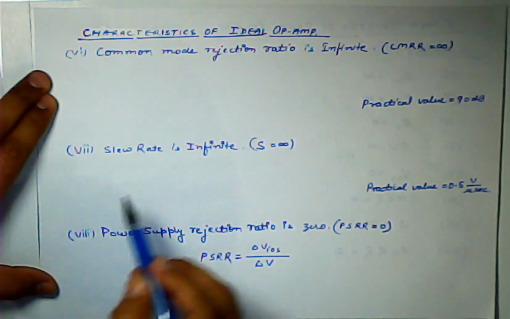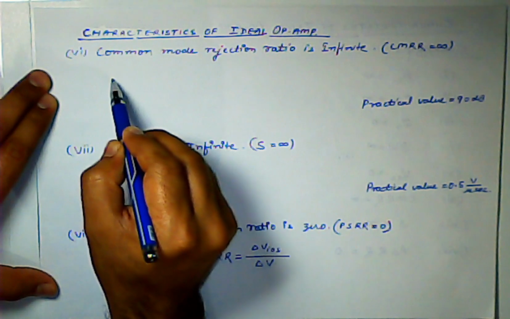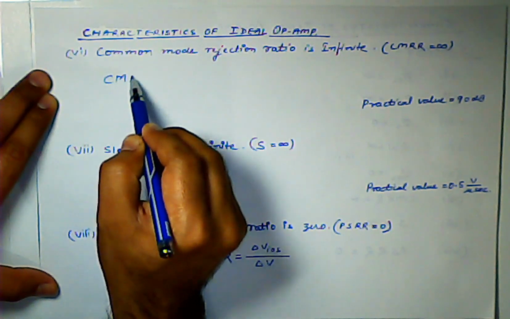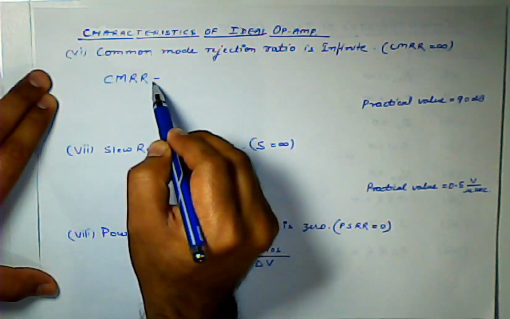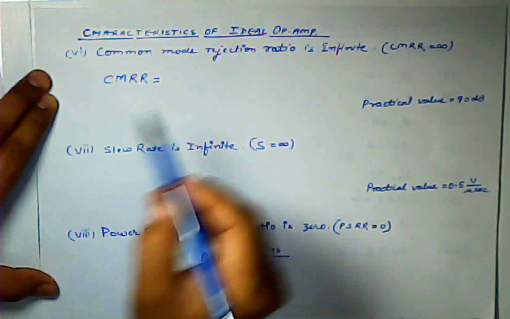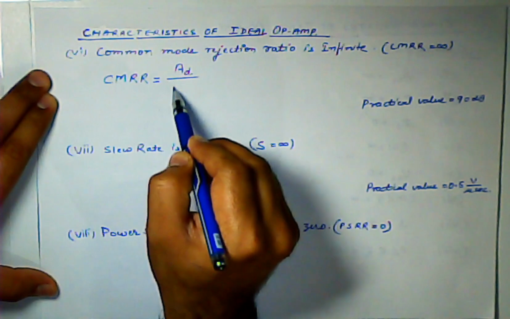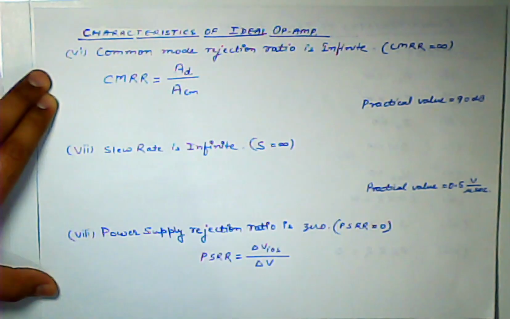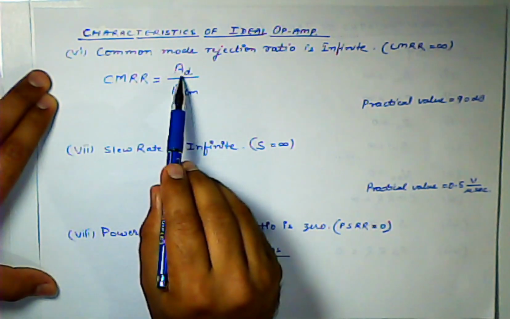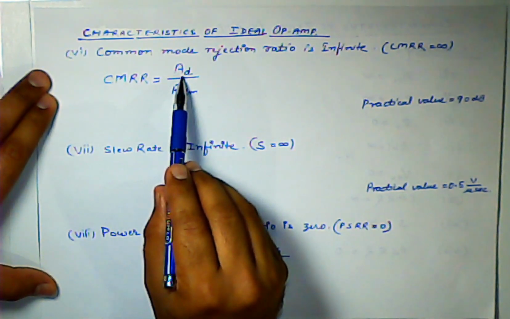Common mode rejection ratio, CMRR, is defined as the ratio of differential mode gain to the common mode gain. Differential mode gain is the gain we get whenever we are applying two different inputs to the input terminals of the op-amp.